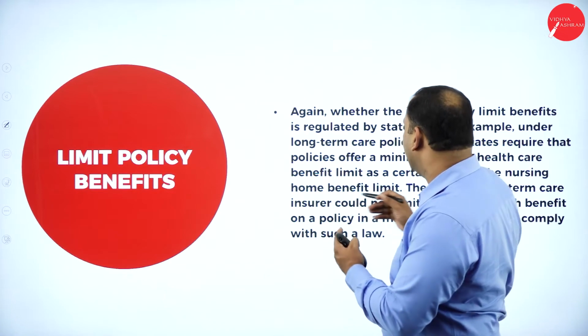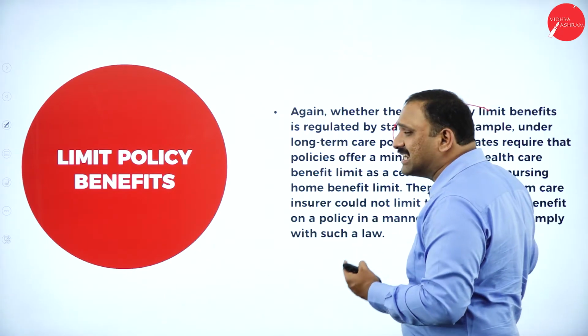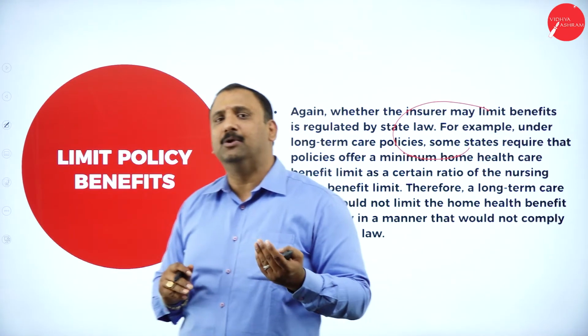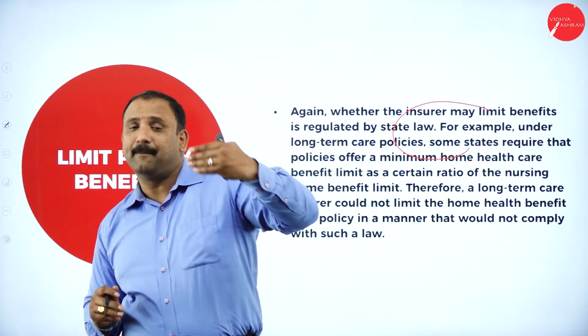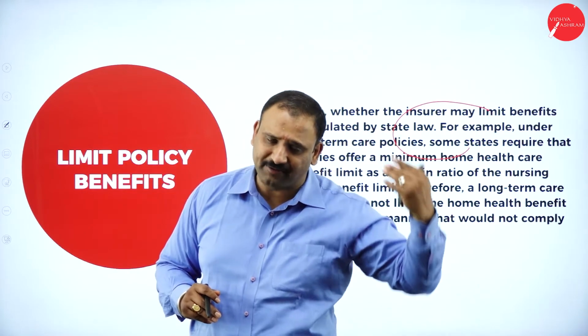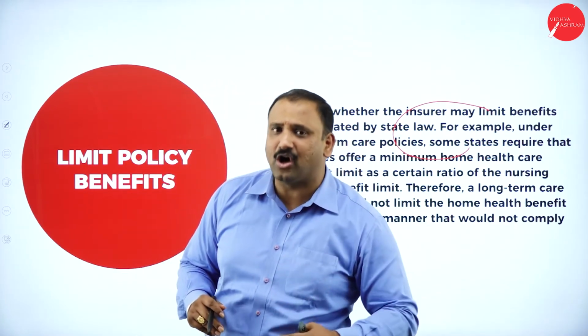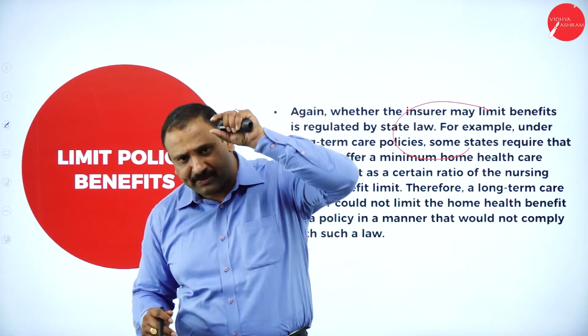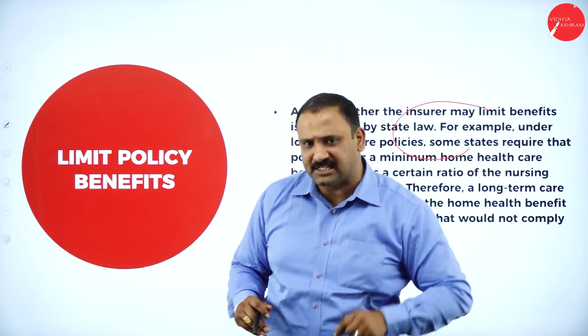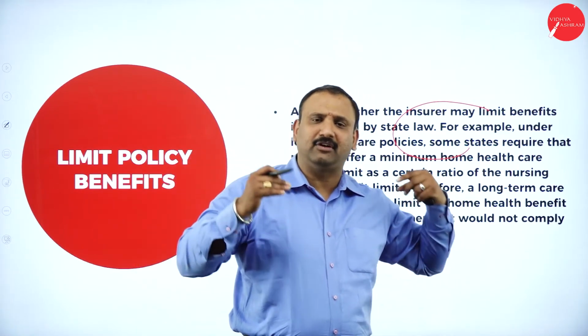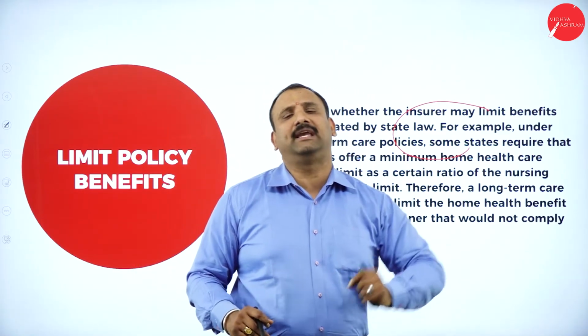Whether the insurer may limit is again regulated by the state factor. Sometimes the insurance company might have its own loss or risk, but if the state government or the central government puts in a law stating that this must be allowed as a basic clause or basic condition, then the long-term or short-term benefit has to be given to the insured.